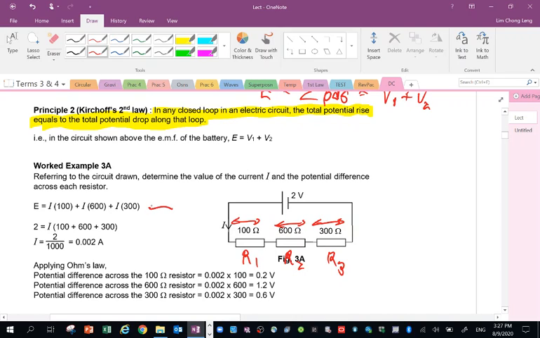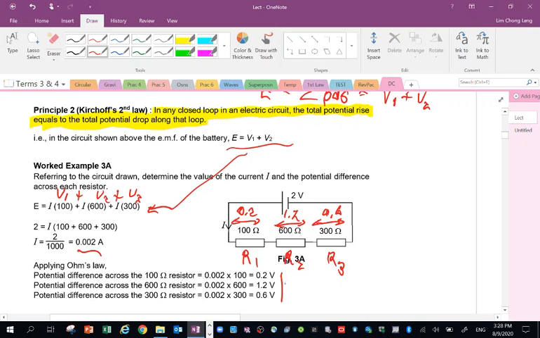So I write a formula based on Kirchhoff's second law: EMF equals V1 plus V2 plus V3. Using this concept, I'm able to get the current, which is 0.002. Now my V1 turns out to be 0.2 volt, V2 is 1.2, and V3 is 0.6.